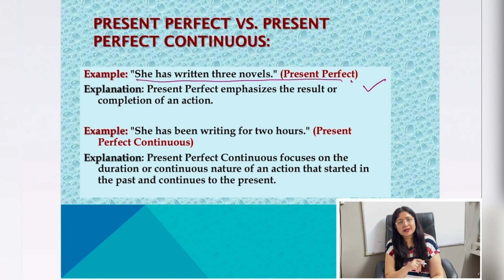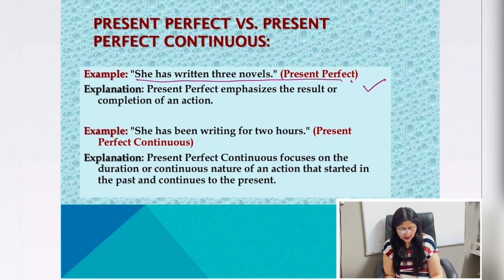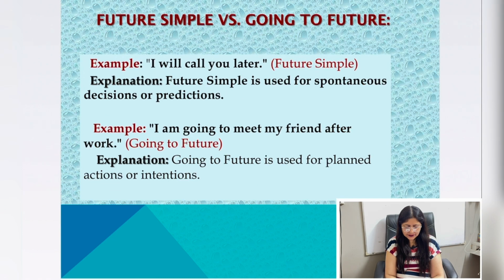And she has been writing for 2 hours, she has been writing for 1 year, she has been writing for 2 years. She has started since then and is doing till now. So we'll be making use of present perfect continuous. Means it shows the duration or continuous nature of an action that started in the past and is continuing till now.